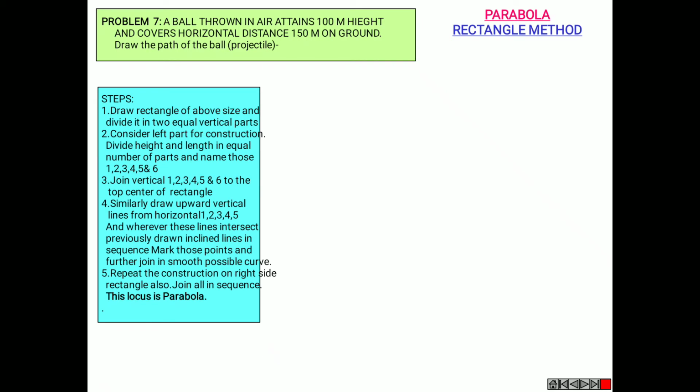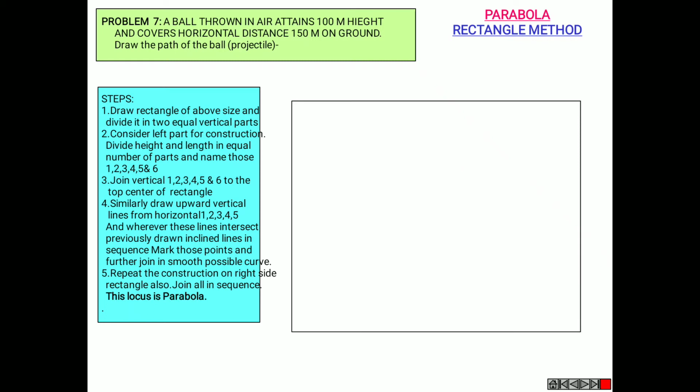Okay, firstly he told us to draw a rectangle with the given dimensions and to divide this rectangle into two equal parts vertically, and towards the left, divide the vertical and horizontal lines into 6 equal parts. And to the horizontal line also, then name them as 1, 2, 3, 4, 5 and 6.